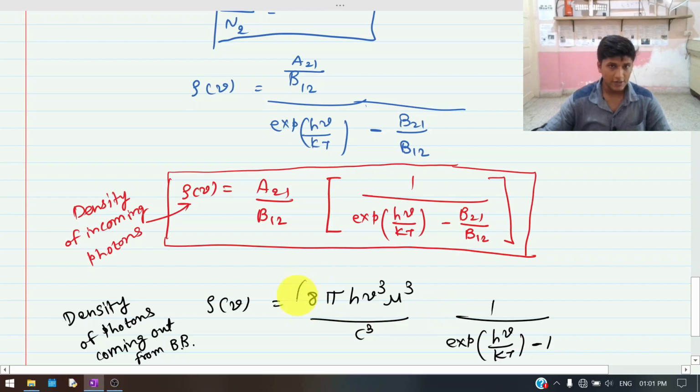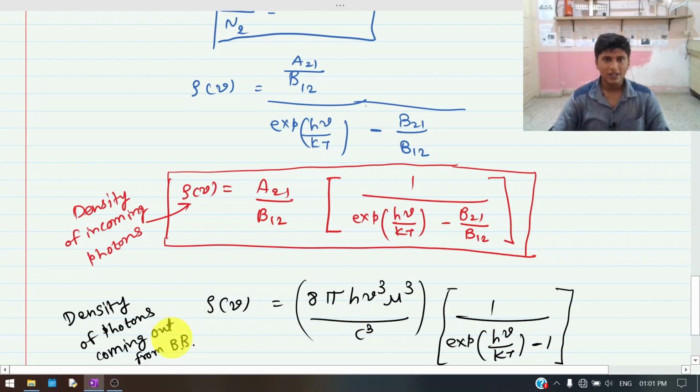This formula, again, is very difficult for me to remember, and I would not remember it anywhere in my life, but you have to give exam, so you have to remember this formula, that this was the density of photons coming out from the black body radiation. Rho of nu is equal to this.